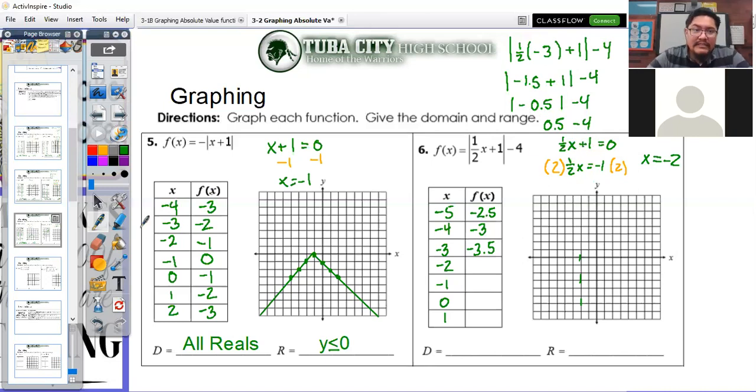Okay, now let's go ahead and get the next one, so that would be -2. And again, these even numbers should be a little bit easier, so half of -2 would just be -1. And that would be 0, absolute value of 0 would be 0, minus 4, so that'd be -4.